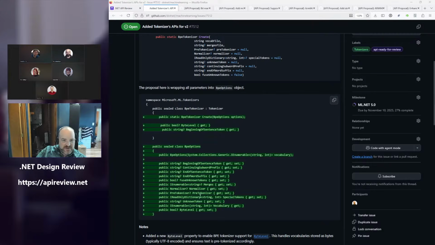Special tokens. Okay, so the nullables are just all over the place. All right, vocabulary is not null because it was a required property. Byte level and fuse unknown tokens are not null because they're structs.